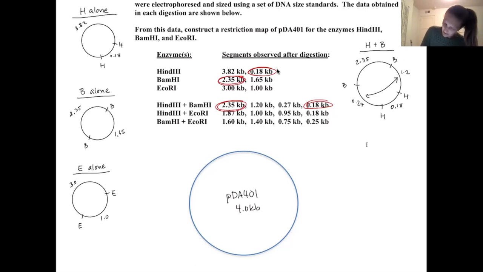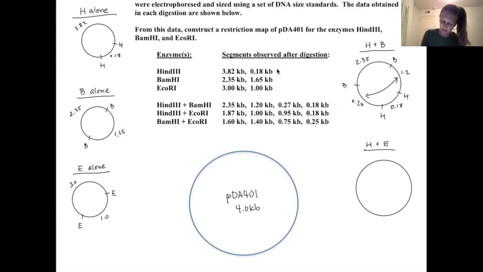Now we're going to do HinD plus EcoR1. Right? And we're going to look at our fragments again and look for anything that is shared between HinD and EcoR1. And again, we see this 0.18. And with EcoR1, we see the 1.